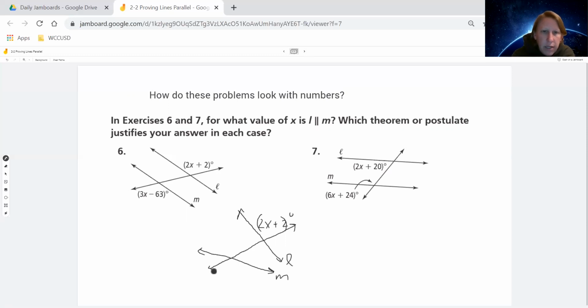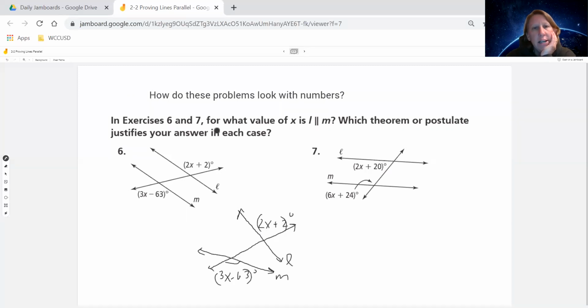And I could put my 3x minus 63 down here. And these 2 angles are not the same. This angle is a lot smaller part of the circle than this angle. So I could draw it like this, or I could draw it like this.